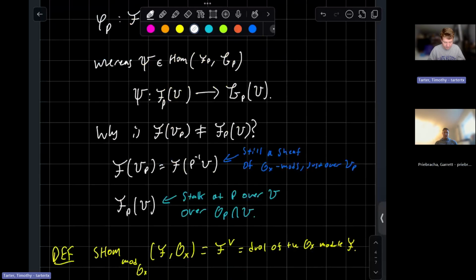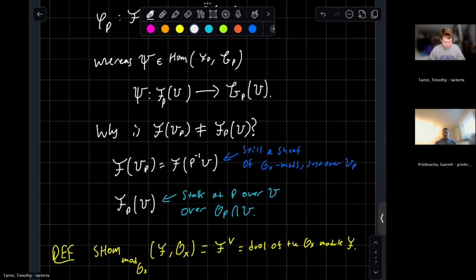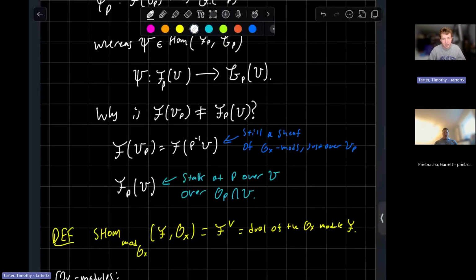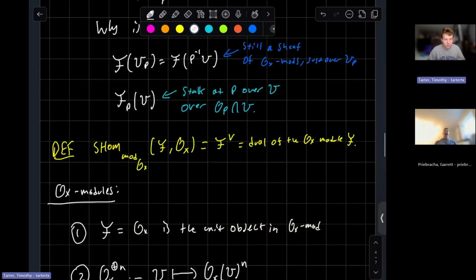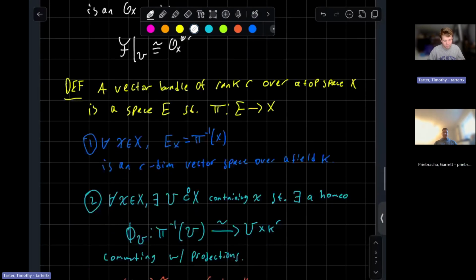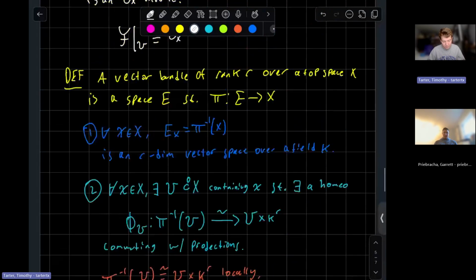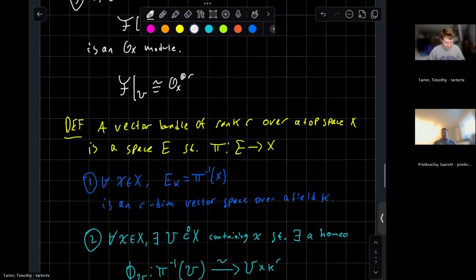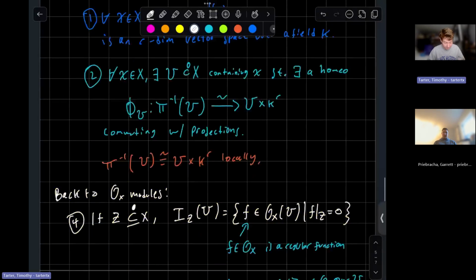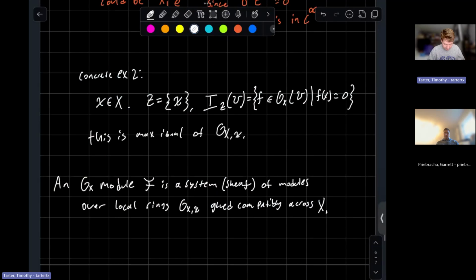If we're talking about OX modules, then F of U localized at p is not the same thing as F localized at p at U, because the localization of an OX module is in some cases just, well, actually, do I know what it is? Because I'm fumbling.